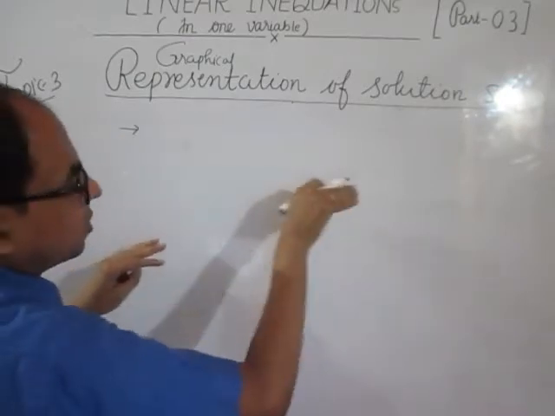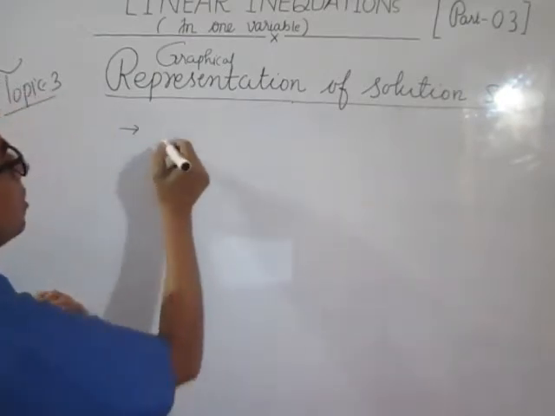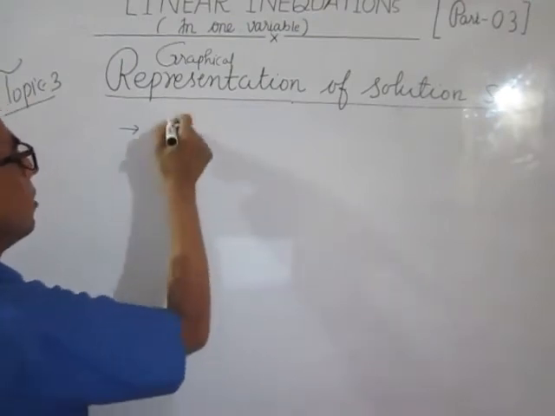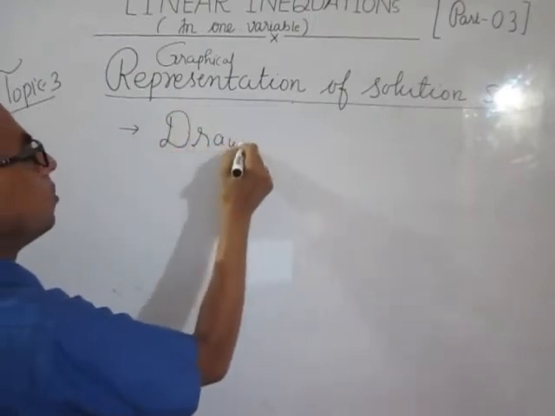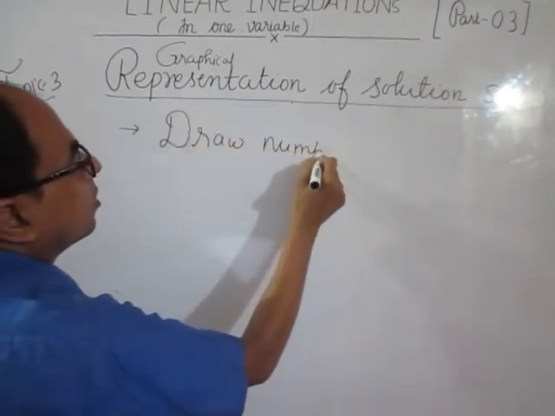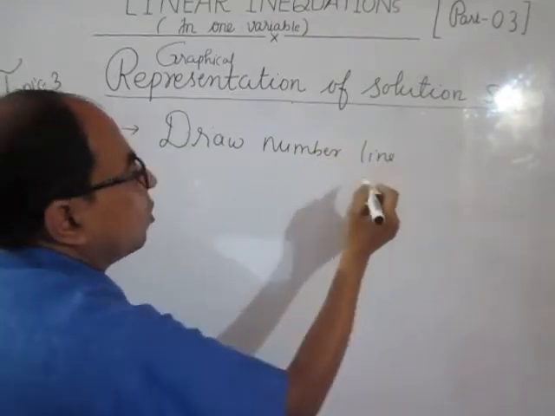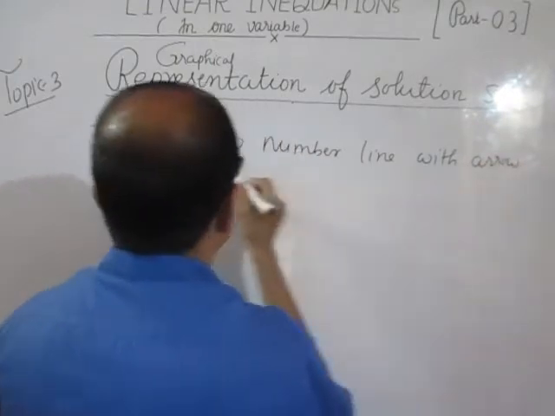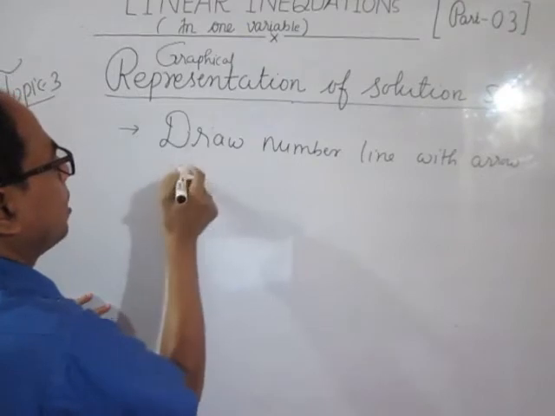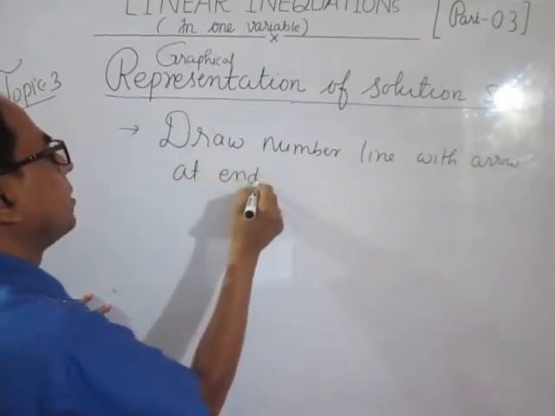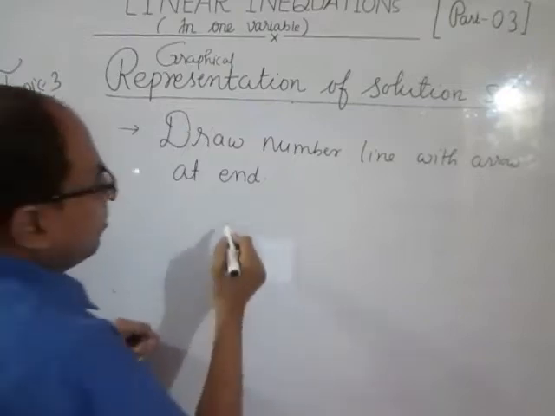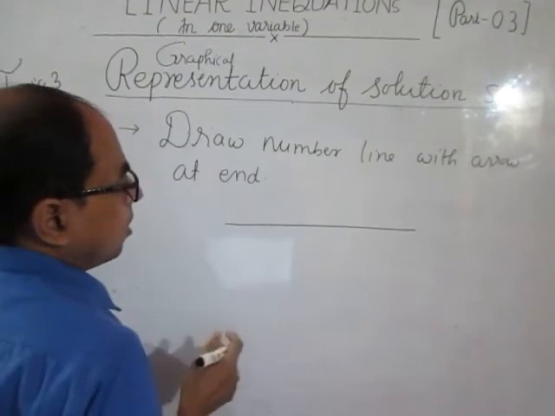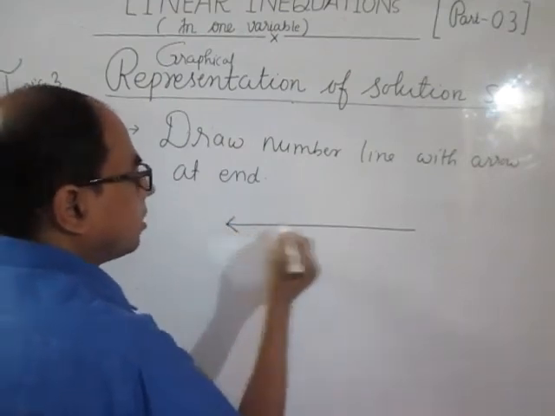First of all you have to draw a number line with arrow at the end. That means you have to draw a line. This is called number line. Now you have to put arrows at the end.